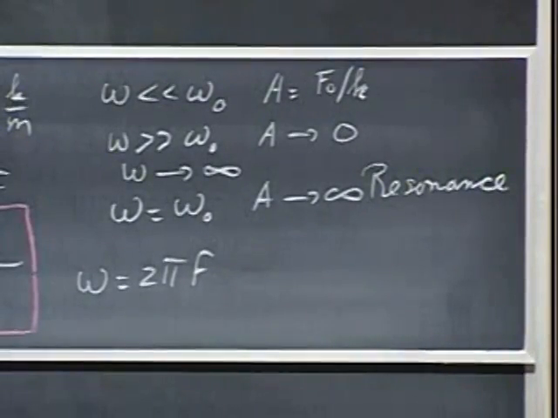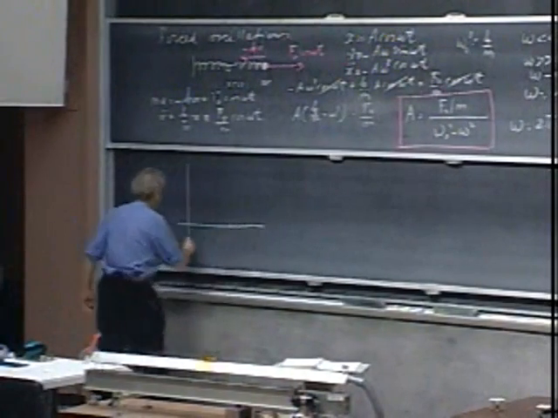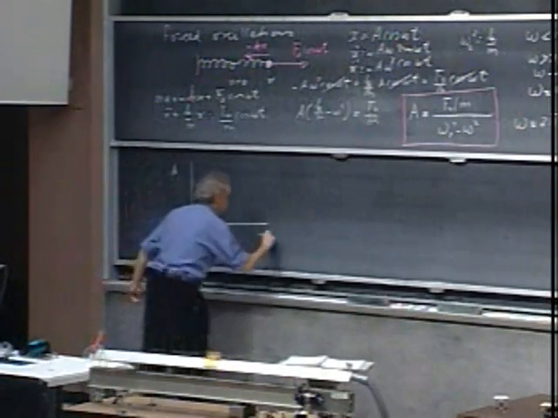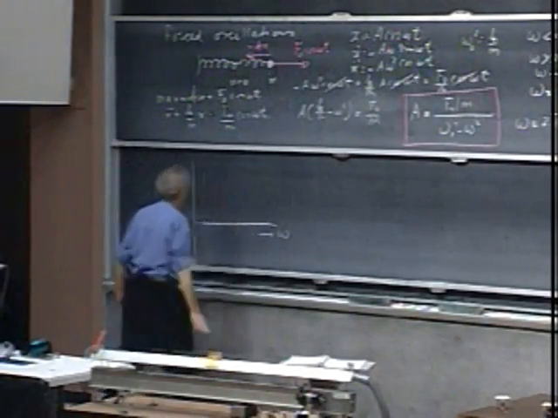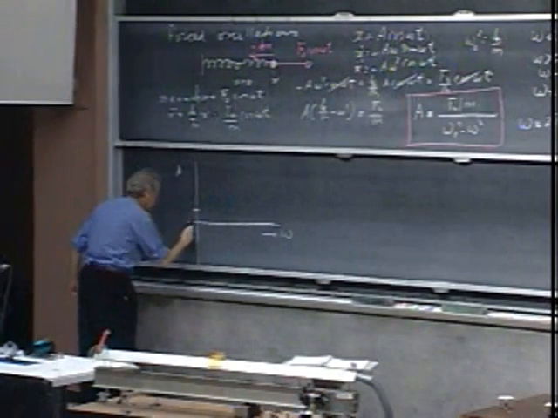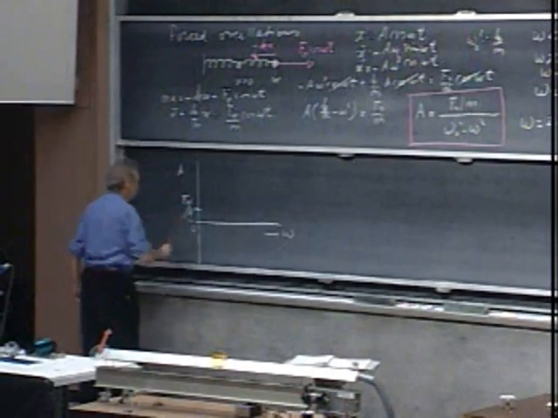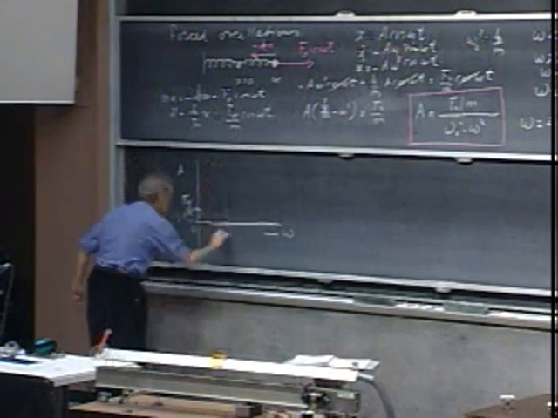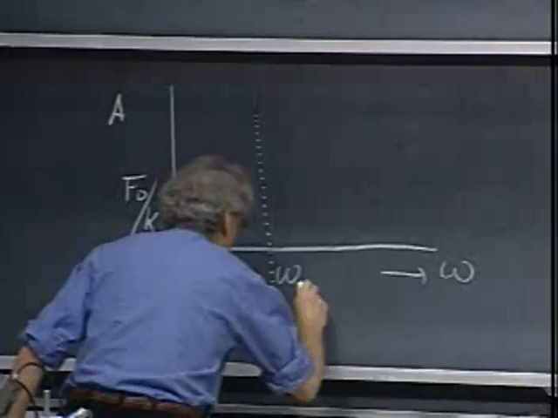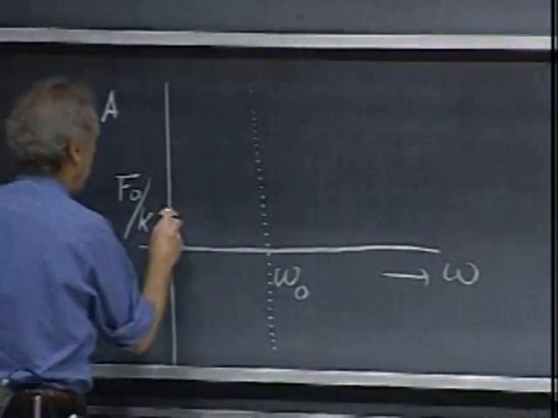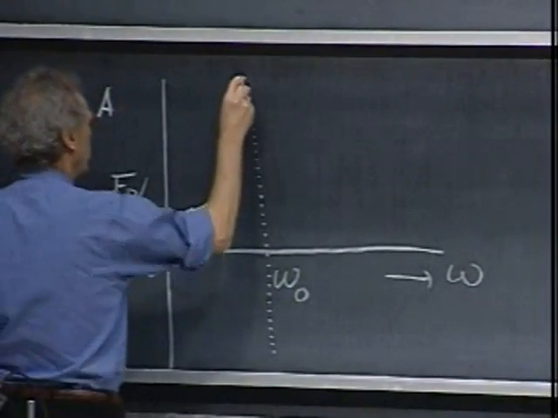If I make a plot of the amplitude versus frequency omega, then at low values the amplitude is F0 divided by k. When I hit the resonance frequency, the natural frequency of the system, it goes out of hand, goes to infinity.